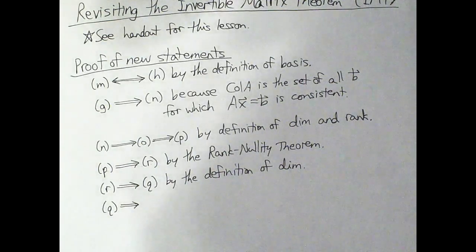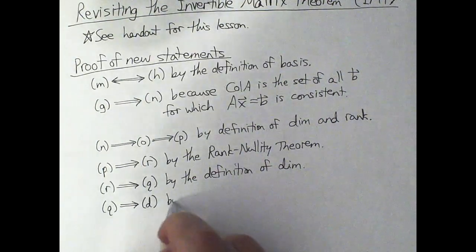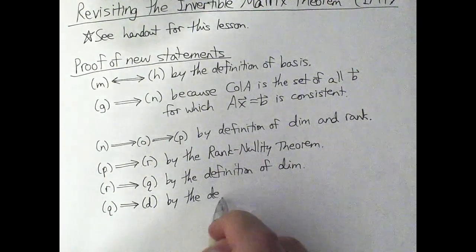Q says the null space of A is just the zero vector. I see one. Again, there might be more than one answer, but I think there's one answer that's going to be the easiest for us. I think that this implies statement D by the definition of null space.